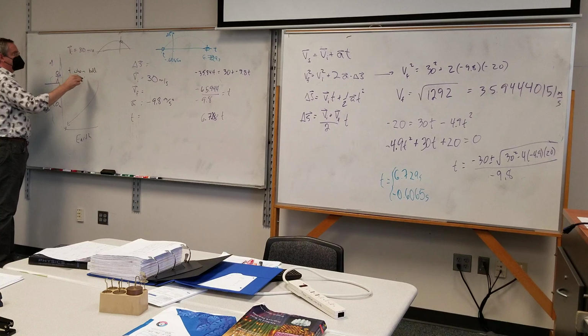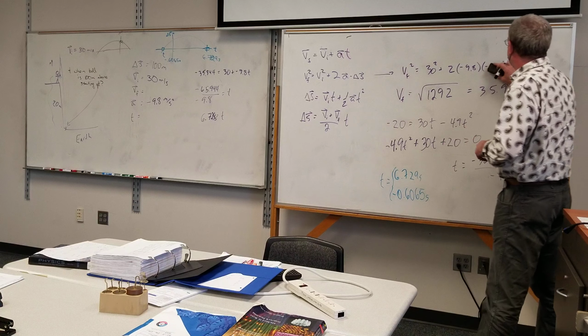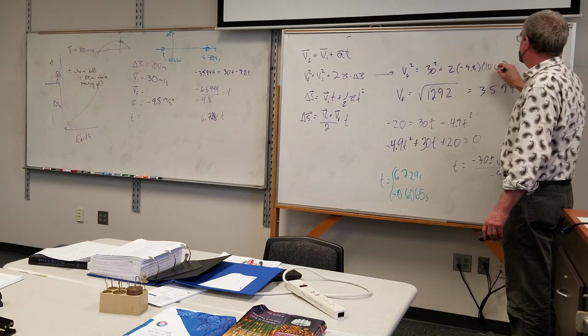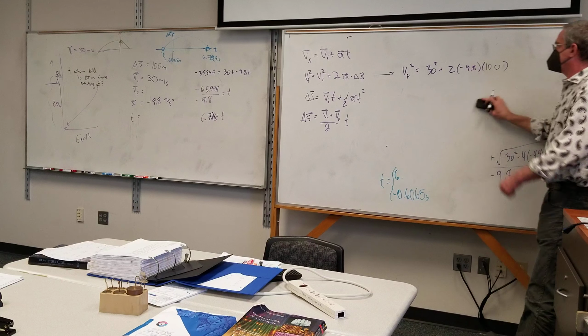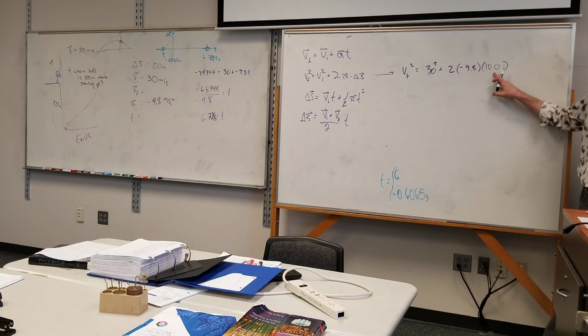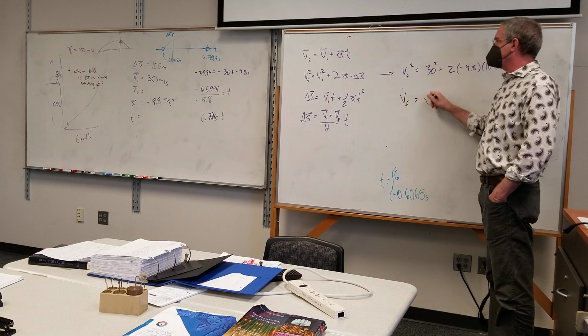So this is now 100 meters. Is that possible? Let's see what the math says. All right, so this is what we're dealing with. The only thing that's changed here is the negative 20 becomes 100. And so VF becomes the square root of what?